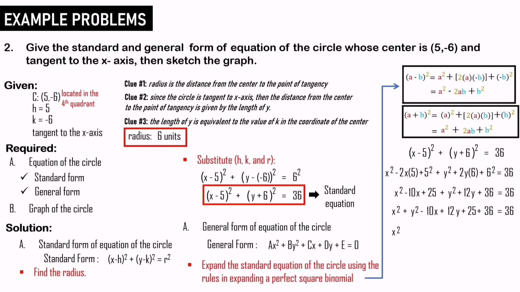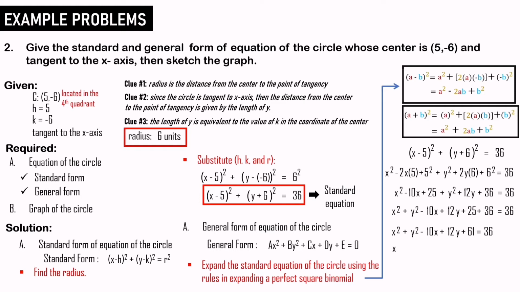X squared plus y squared minus 10x plus 12y plus, this is, pila ni? 25 plus 36, that is 61, equals 36.